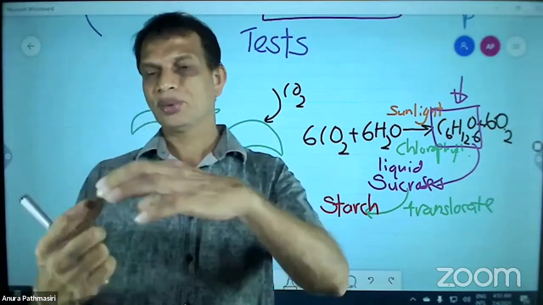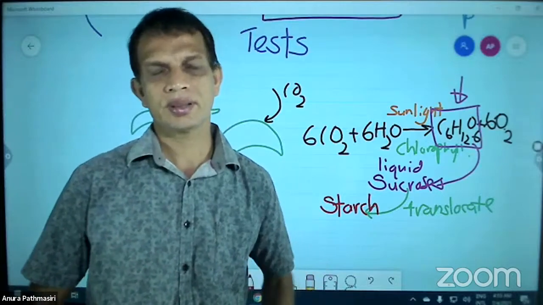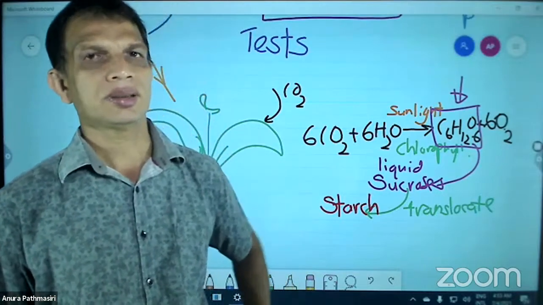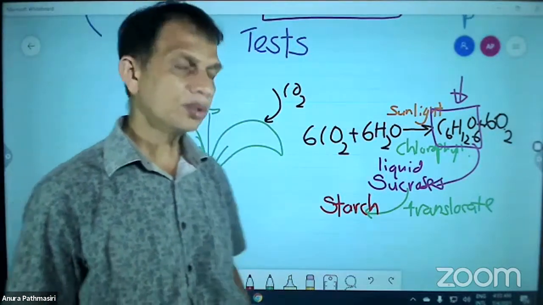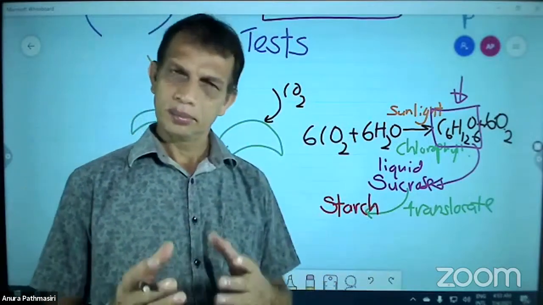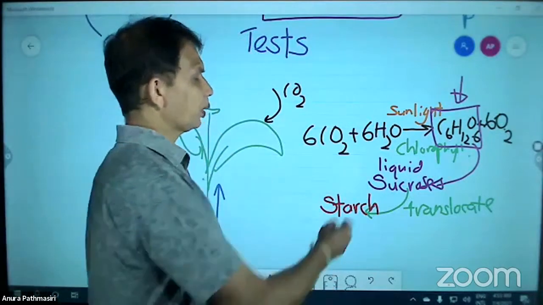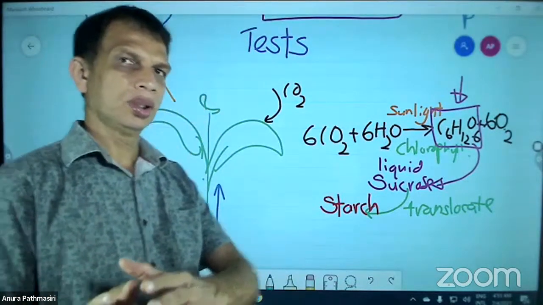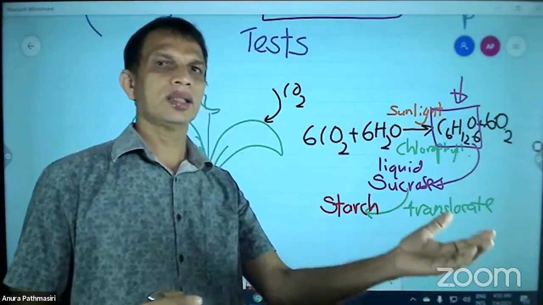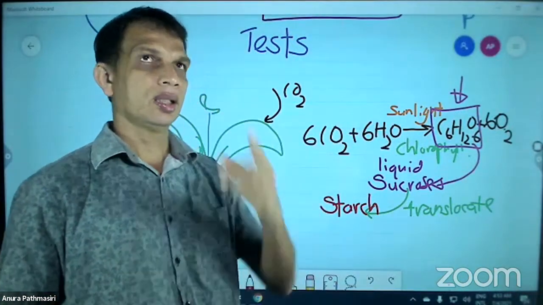And if somebody injects sucrose into our blood circulatory system, it will be rejected, because the blood circulatory system can transport only the monosaccharides. So conversion of this polysaccharide into monosaccharide will be done in the digestive system.